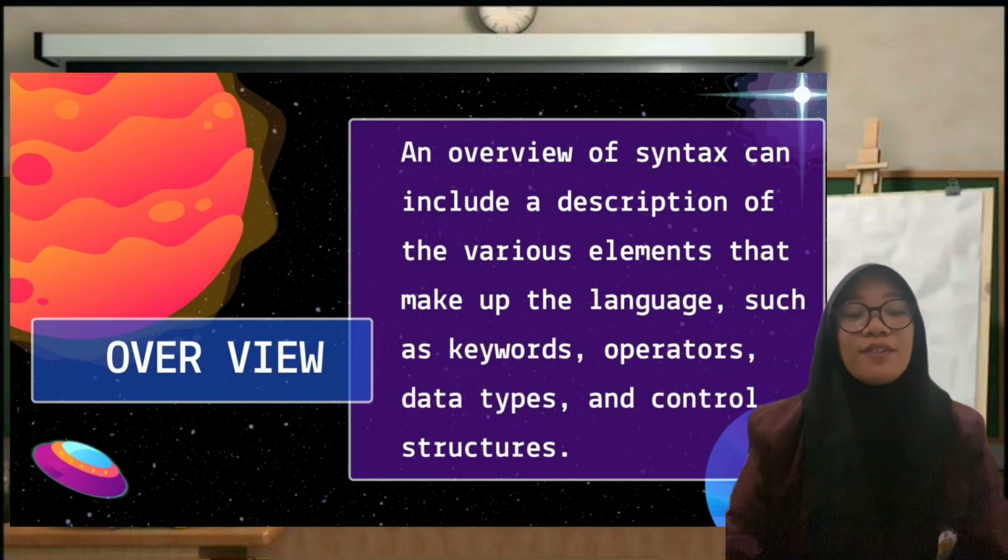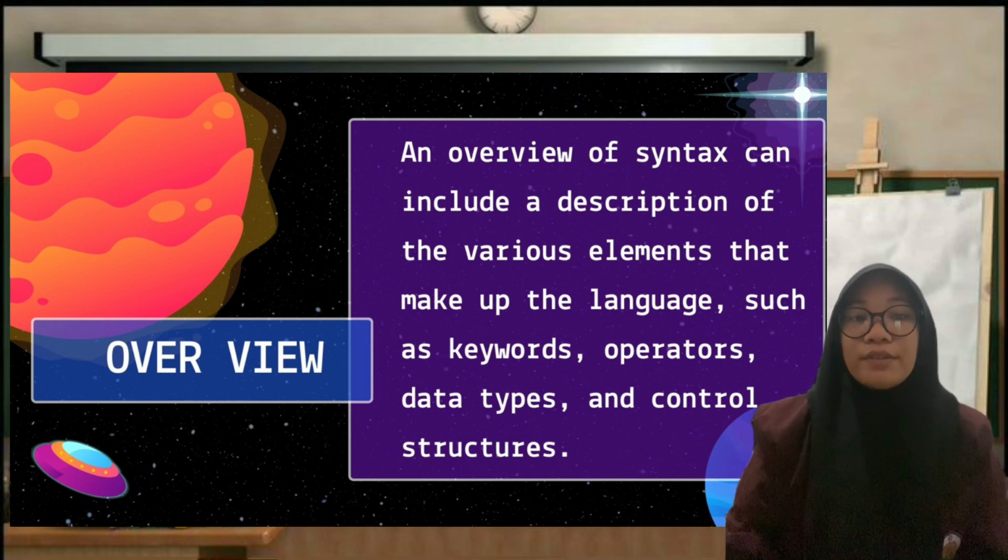The next, an overview. An overview of syntax can include a description of the various elements that make up the language, such as keywords, operators, data types, and control structures. Syntax defines how words, phrases, and symbols can be combined to create meaningful expressions, statements, or programs.